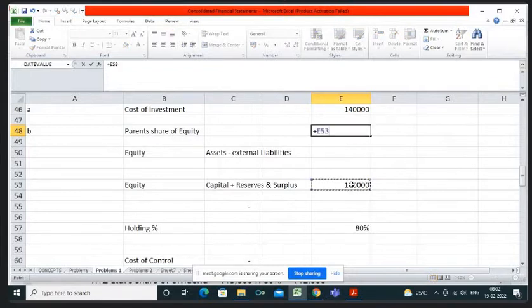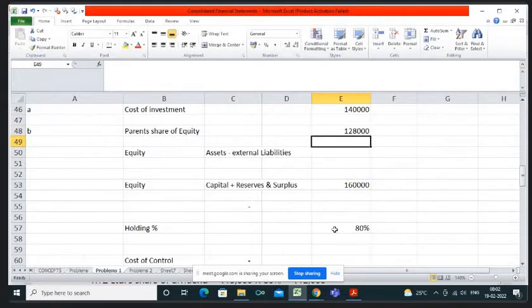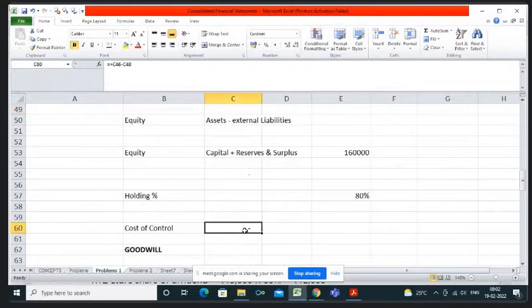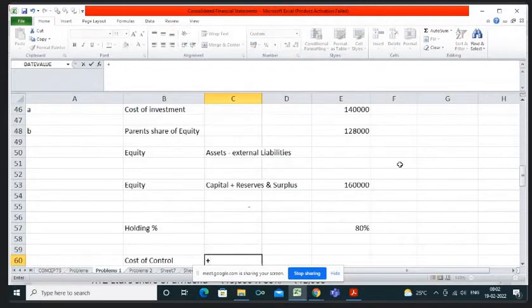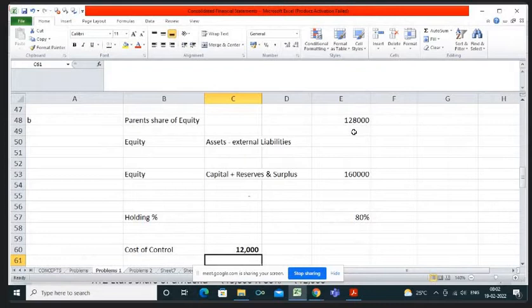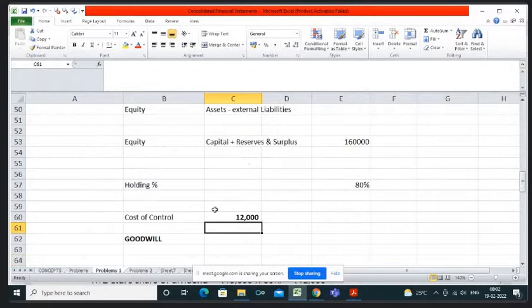Total equity is 1,60,000, and of that 80% belongs to the parent, so the parent's share of equity is 1,28,000. Then how much is the cost of control? The cost of control is the cost of investment 1,40,000 minus the parent's share of equity 1,28,000. So the cost of control is 12,000.